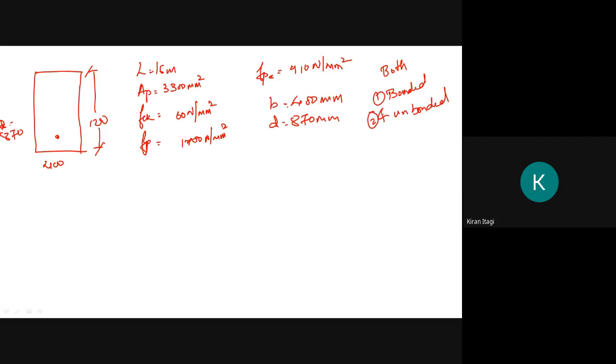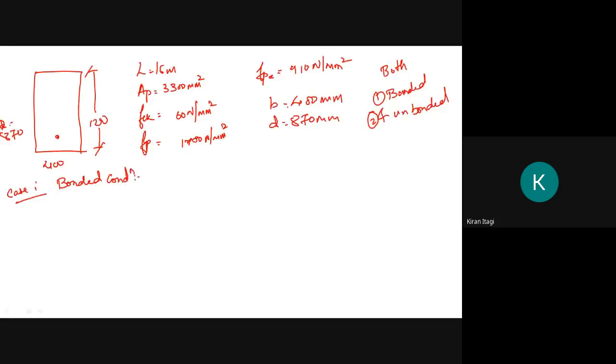Case 1, take the bonded condition first and try to solve.